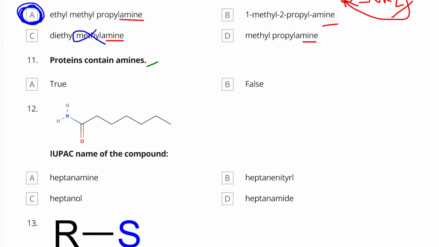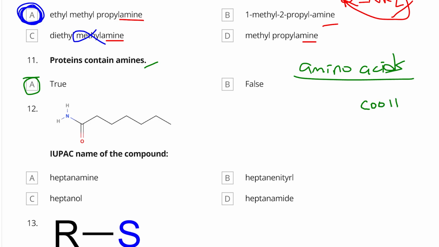Proteins contain amines. Yes, this is true. What are the building blocks of proteins? The amino acids. Amino acids are the building blocks of proteins. They have a common molecular structure. All amino acids have a carboxyl group, which makes them carboxylic acids, attached to a carbon. This is the second carbon. And this carbon includes an amino group, which makes an amine.